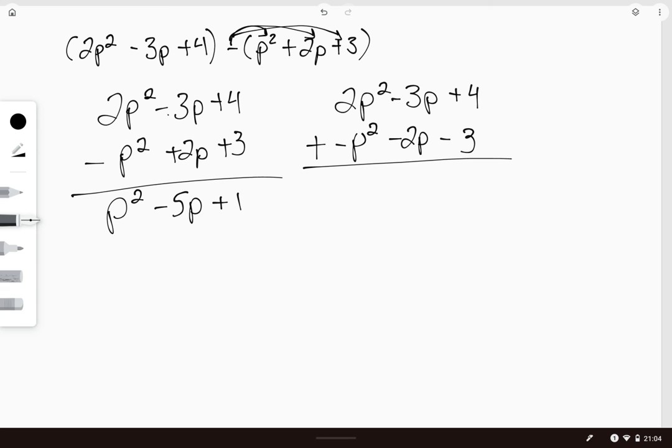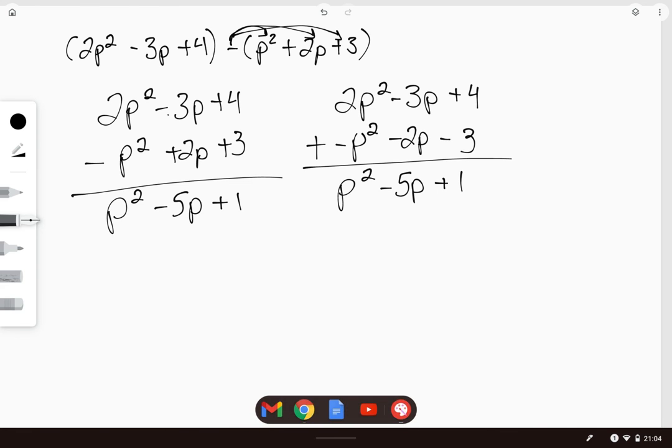So 2p squared plus a negative p squared gives me p squared. Negative 3p plus a negative 2p gives me minus 5p. And 4 plus a negative 3 gives me positive 1. Okay, so really either method is acceptable. You can either stack and subtract, or you can distribute the negative in your answer.